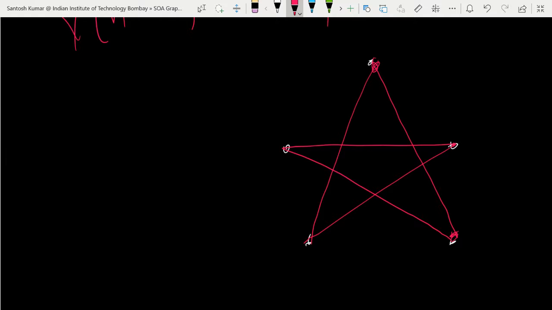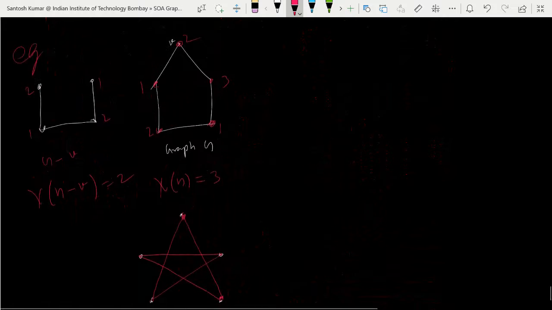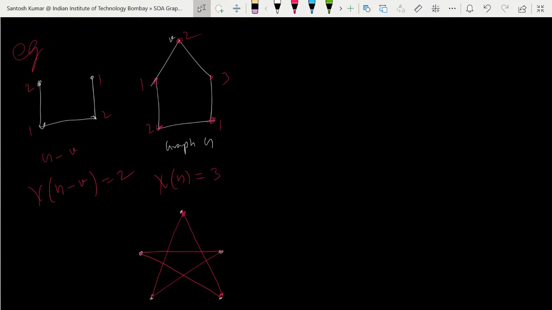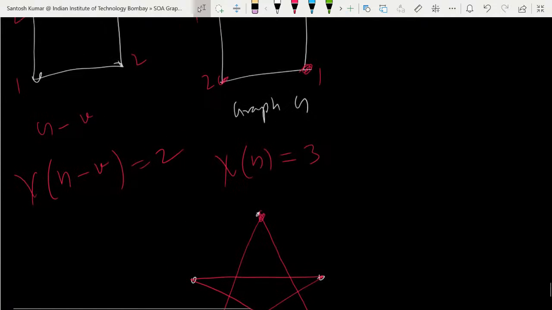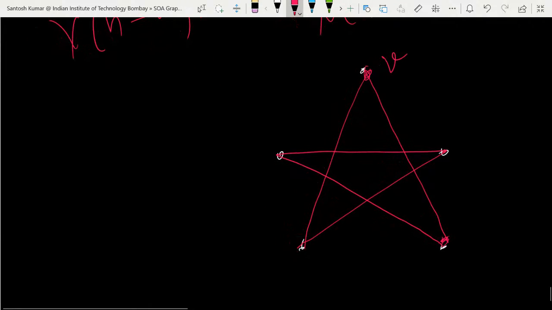Okay, is it the correct complement of this one? Yes, sir. Okay, so now I named this one V, so make it V again. So this is the graph G complement.